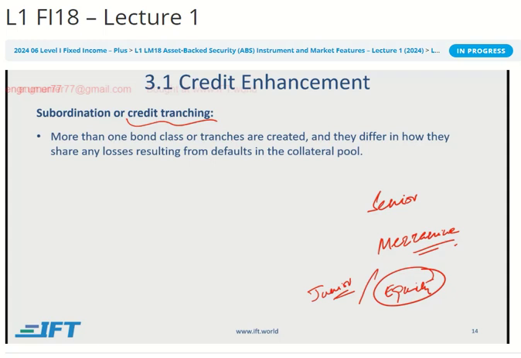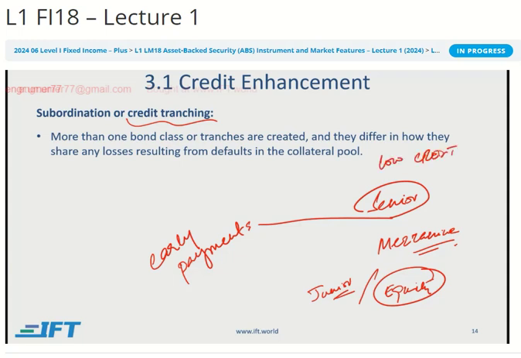Now again, guys, this is not time tranching, this is credit tranching, which means if the early payments are coming, they will go to the senior most tranche. So the senior most tranche, even though they have low credit risk, have high prepayment risk, right? So it's not like they don't have any type of risk, they still face high prepayment risk. That's why you also have time tranching, but that is a separate concept.